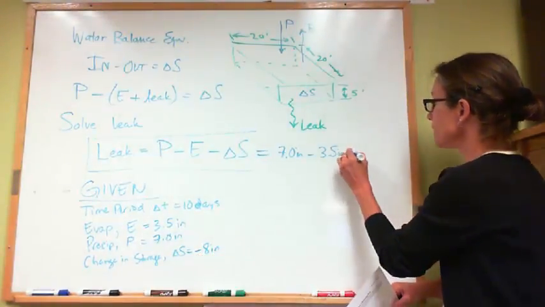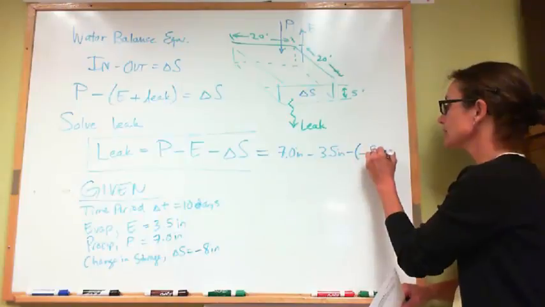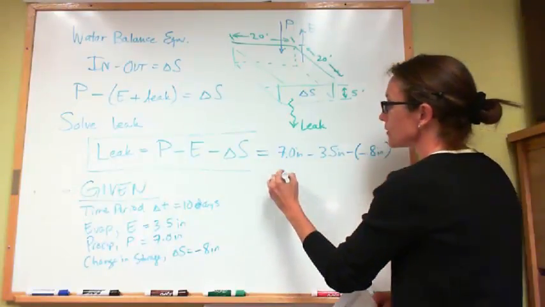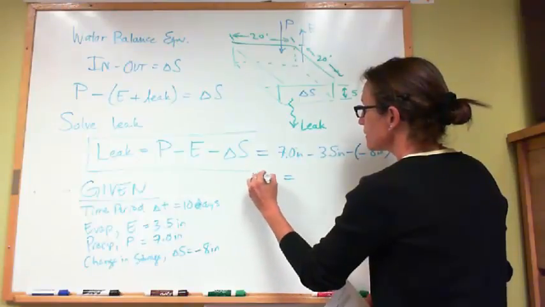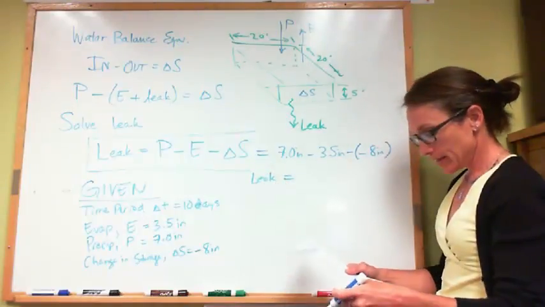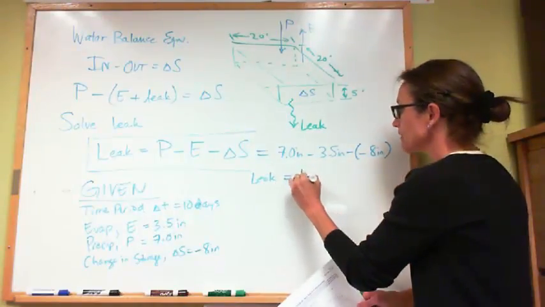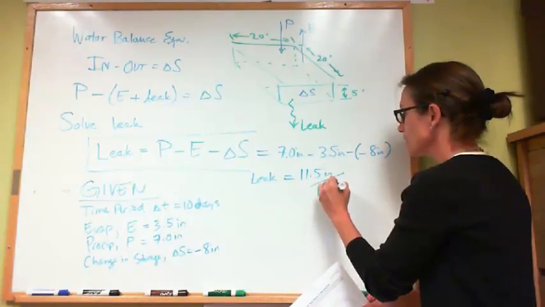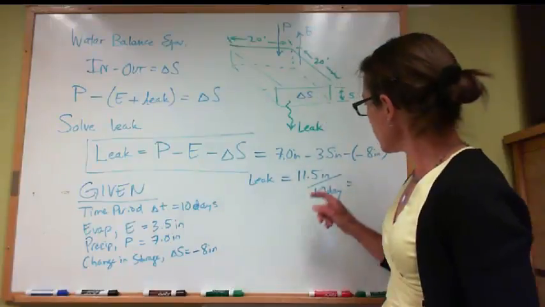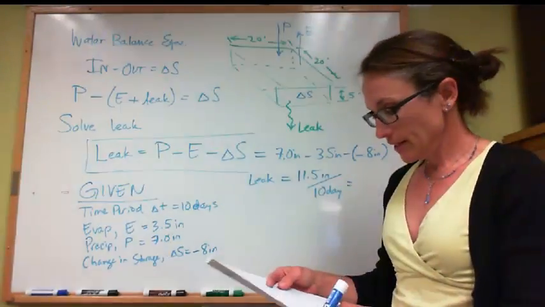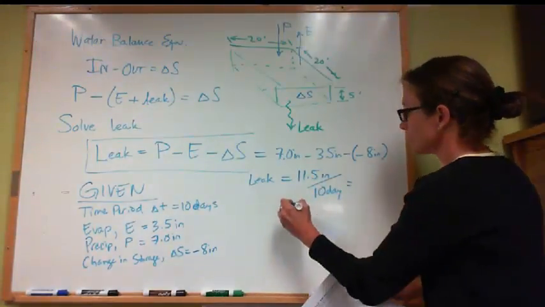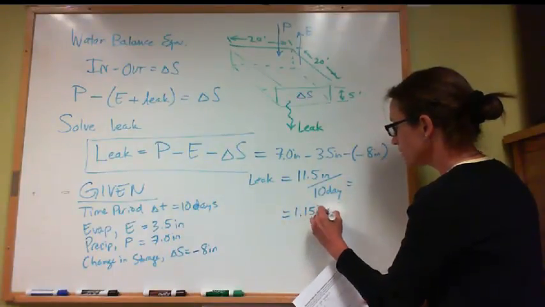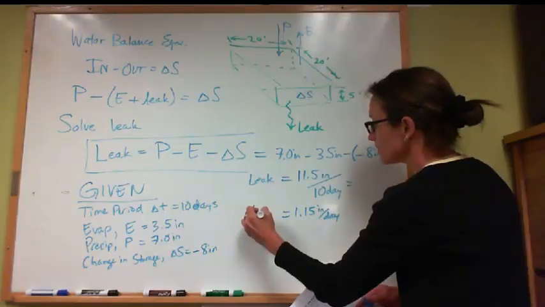And so we're going to say minus minus 8 inches. So we end up actually adding the change in storage in here. And what we end up with is that our leak is 11.5 inches over a 10-day period. So 11.5 inches over 10 days is 1.15 inches per day. So there's our leak.